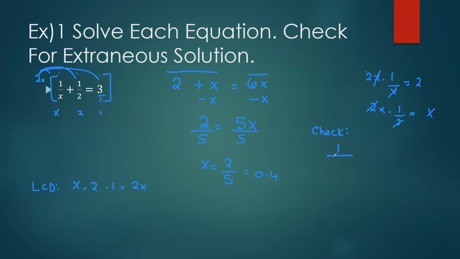So it's 1 over 0.4 plus 1 over 2, and does that give you 3? Yes, put it all in the calculator, you get 3 equals 3, which is true. Okay, so that is your final answer. x equals 2/5.